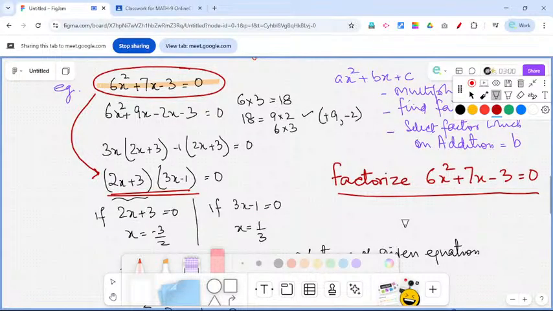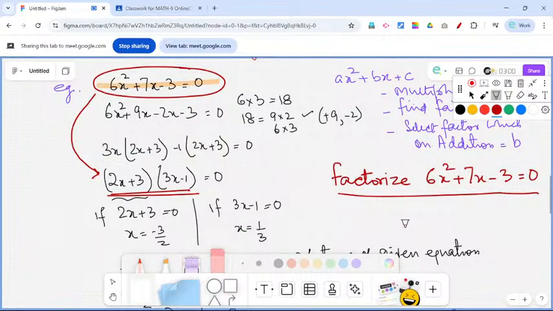फर्स्ट कंडीशन, if 2x plus 3 is 0, तो इसको यू सॉल्व, x इज इक्वल टू, ये 3 यहां गया, -3 एंड देन डिवाइडेड बाई 2. So if 2x plus 3 is equal to 0, x will be -3 upon 2.